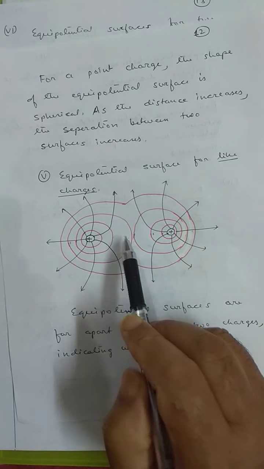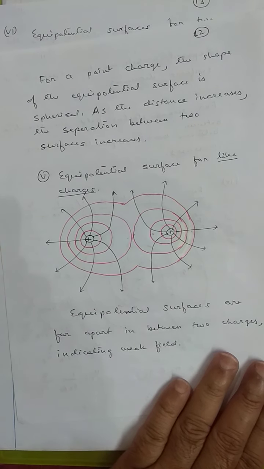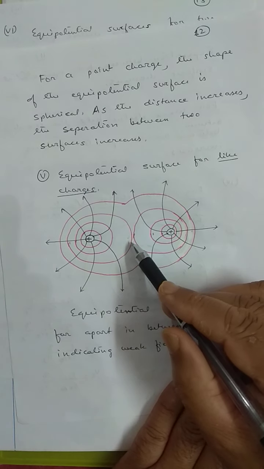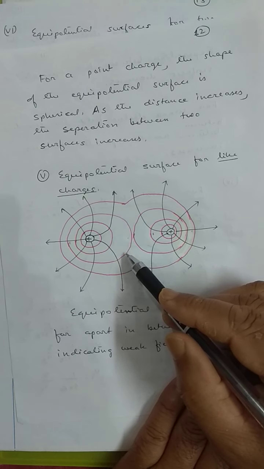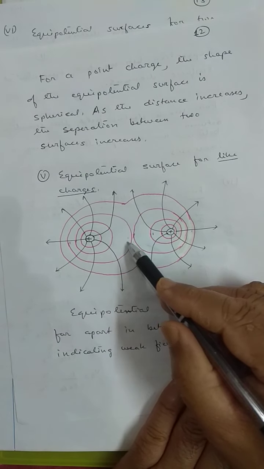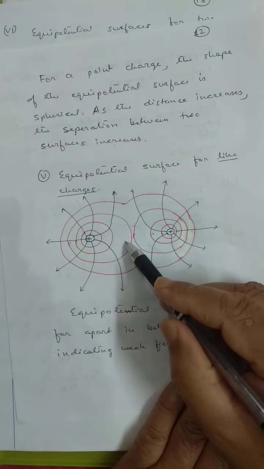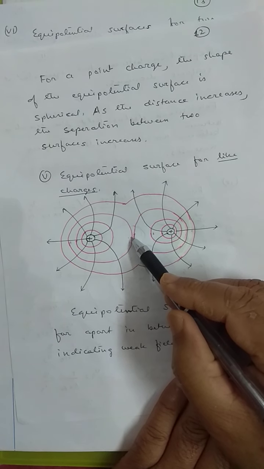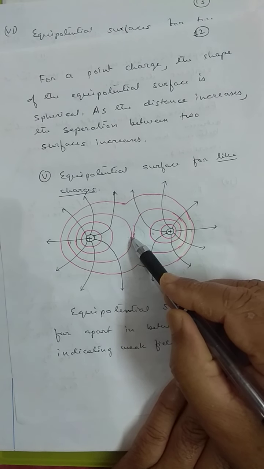Okay? Clear? But another important point in this case: during the study of lines of force, electric field lines, for two like charges, we say that this point is zero electric field. But this point is not zero potential.